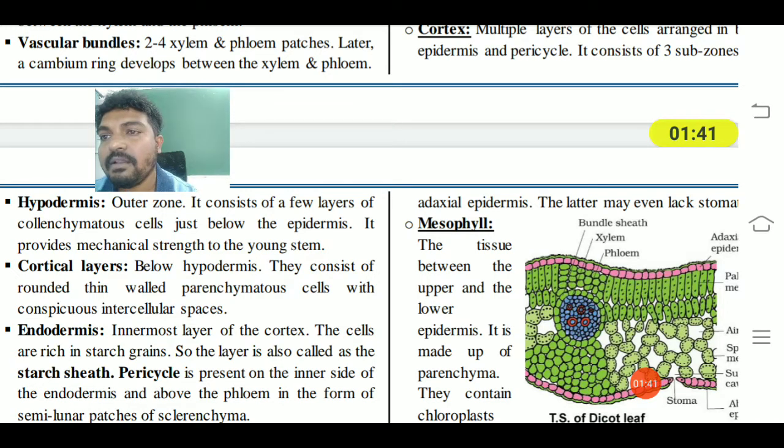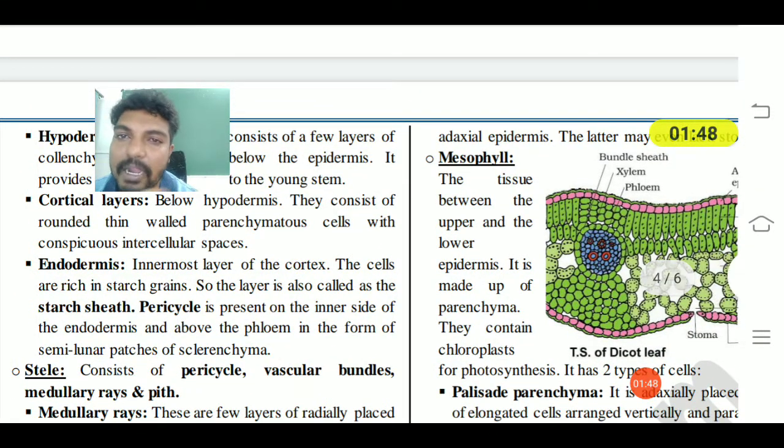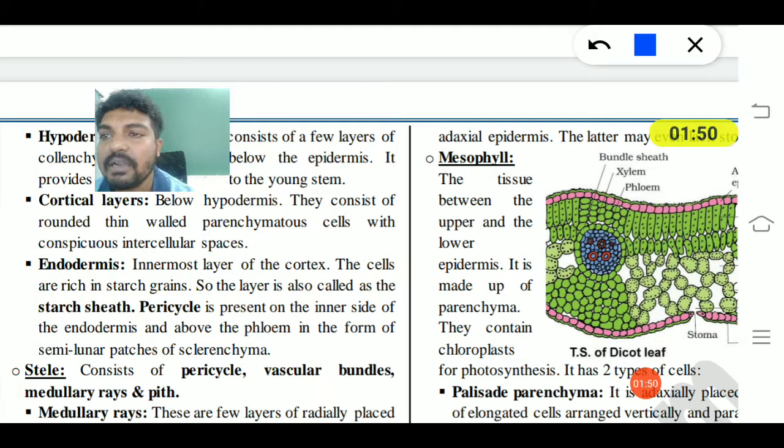The middle cortical layers consist of round, thin-walled parenchymatous cells with intercellular spaces. The innermost layer of cortex is the endodermis, which consists of a starch sheath, and the pericycle lies inner to the endodermis, giving protection to the vascular bundles.